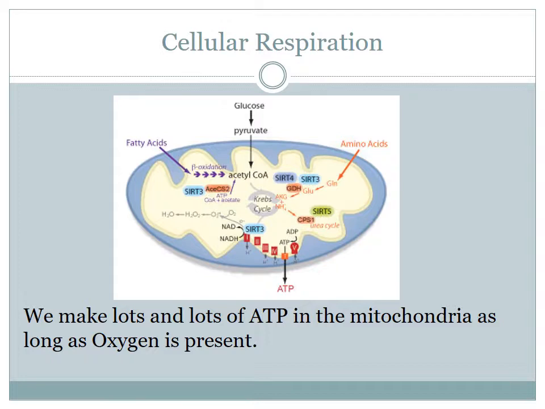The final electron acceptor, the reason we have to breathe is what? Oxygen. Oxygen accepts the electron, is converted into water. This only works if oxygen is present. Now, lots and lots of hydrogen is in that intermembrane space. Where does it want to go? It wants to head through ATP synthase to the center again.